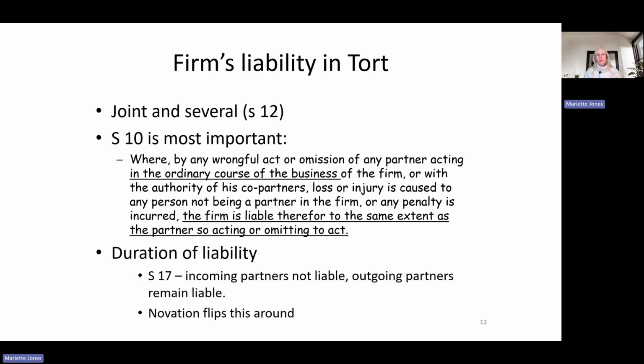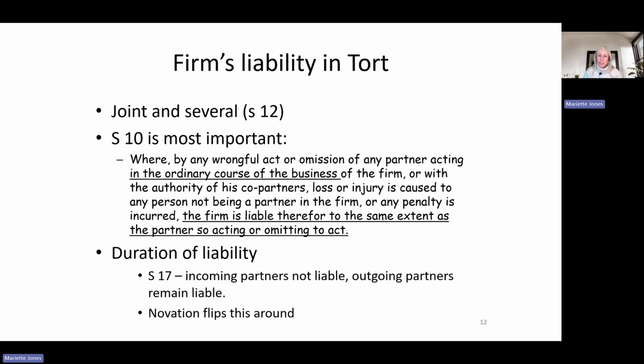All right, let's talk about a firm's liability in tort next. That's basically when something goes wrong and the firm causes harm to someone else. Under Section 12 of the Partnership Act 1890, liability here is joint and several. Once again, I give you some extracts, so pause and read the extracts from the Act if you like.